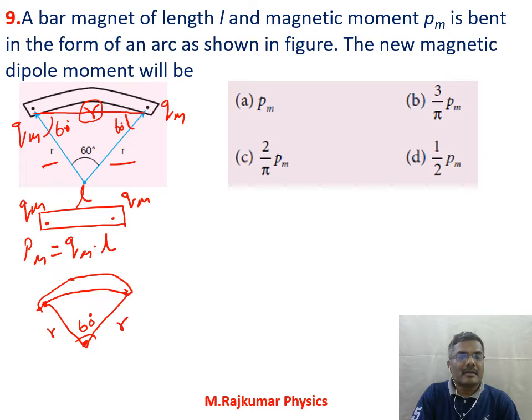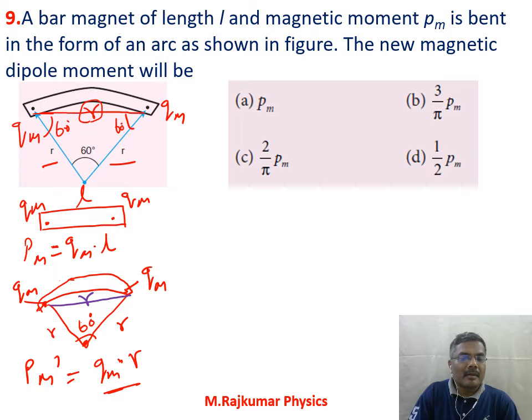So this R, this R, and this also should be R. So for the bent magnet, this length will be R. Now the new magnetic moment for the bent magnet, having a pole strength of Qm and Qm, will be Qm into R.